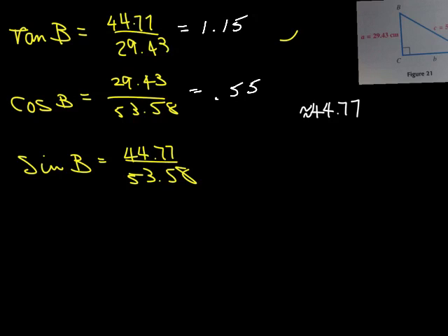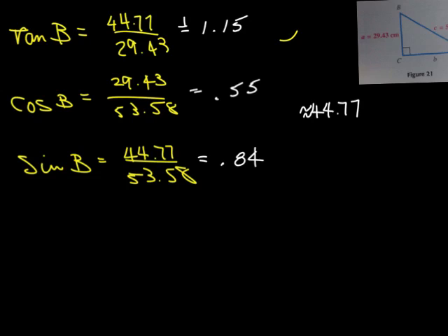When we take 44.77 and divide it by 53.58, we get 0.84. Okay, so if we were to look for the tangent, cosine, and sine, we would get the same angle, or at least pretty close. I rounded these decimals, so it's not going to be exact.